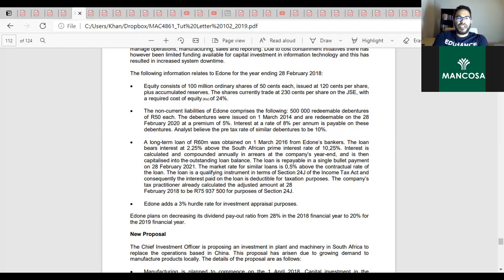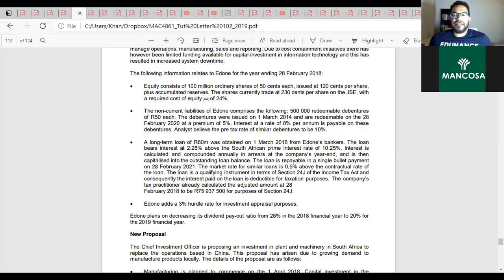So they say equity consists of 100 million ordinary shares of 50 cents each, issued at 120 cents per share, plus accumulated reserves. The shares currently trade at 230 cents per share on the JSE, with the required cost of equity at 24%.